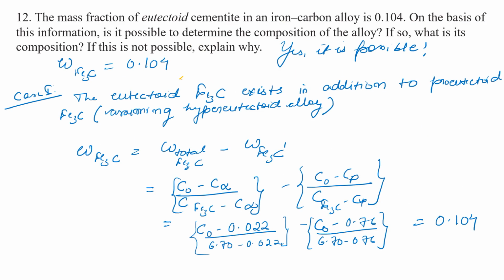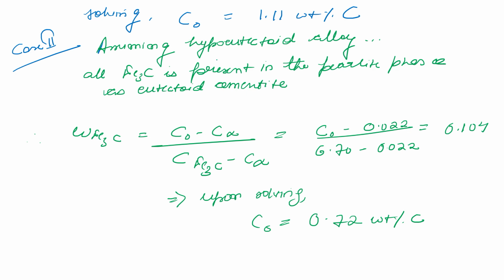It is possible for this composition to have a total mass fraction of eutectoid cementite of 10.4% for both the hypereutectoid case and the hypoeutectoid case, but of course with different concentrations of total carbon content in the alloy, right?